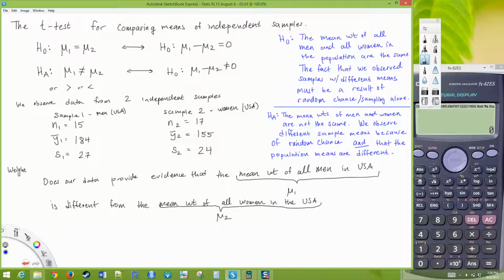Okay, and so the question now is, well, 155 versus 184, that's a 29-pound difference. Is that 29-pound difference significant enough for us to conclude that the null hypothesis must be wrong?